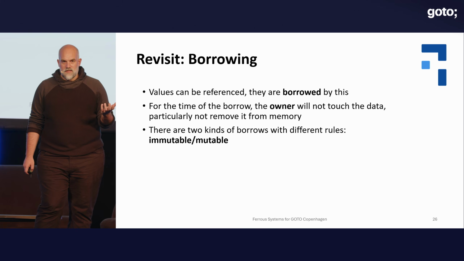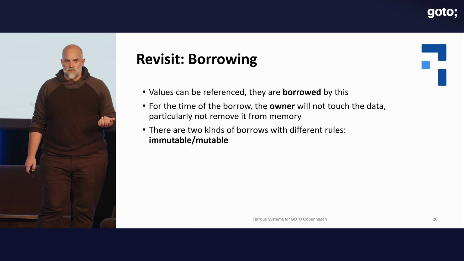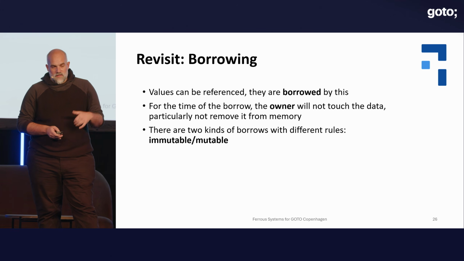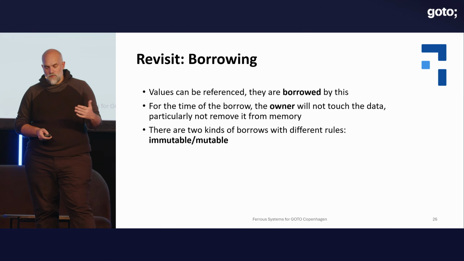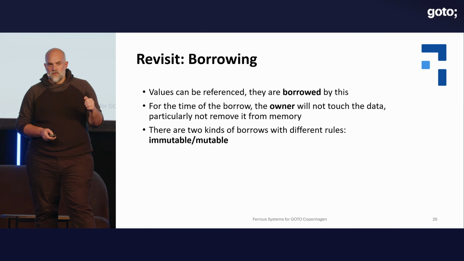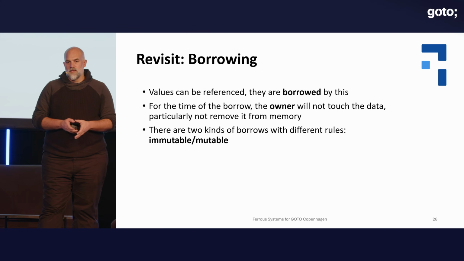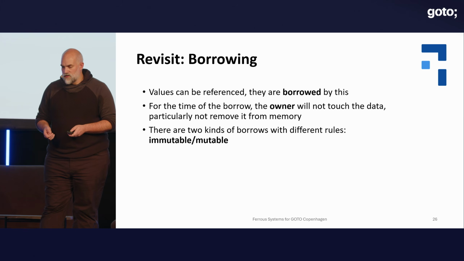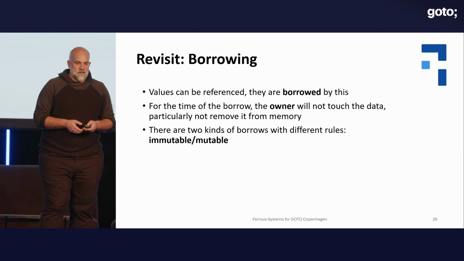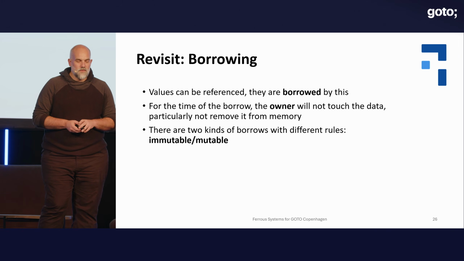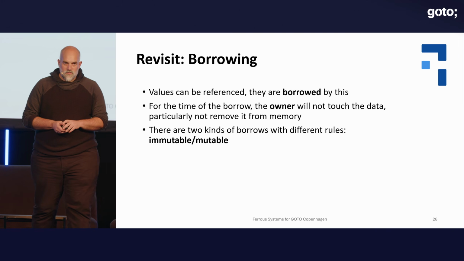But in that case, there's a process going on which is called borrowing. What that means is, while a value is borrowed, the owner promises to not touch the data at all, particularly not remove it from memory, which means this reference can always be dereferenced. And two kinds of these references are available, which are the immutable and the mutable references.